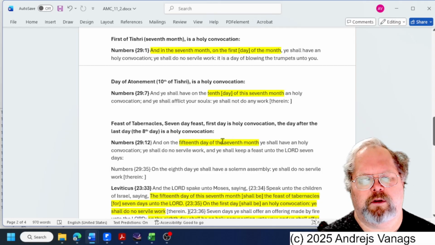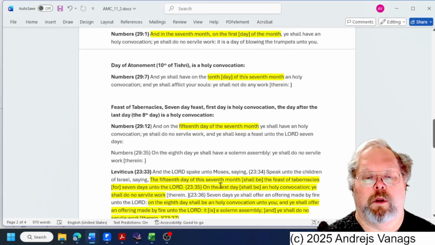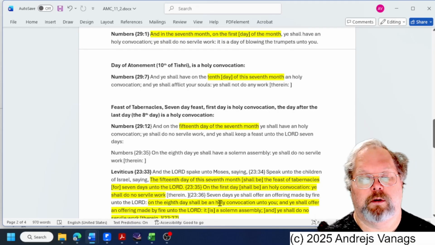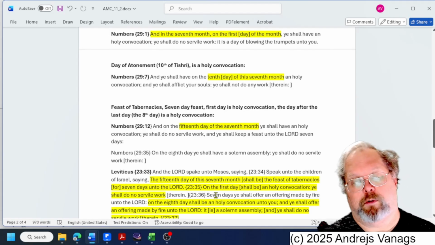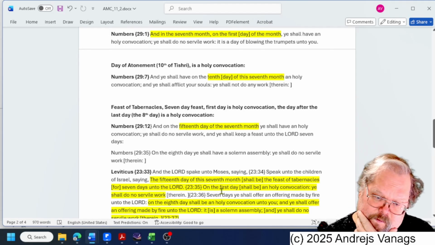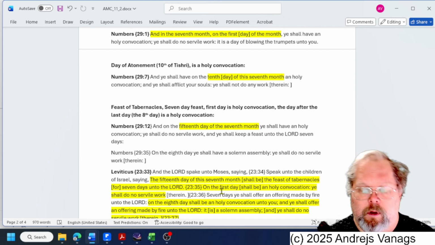So the 15th day of the 7th month. So that's right after Tishri. First day is a holy convocation, and the 8th day shall be a holy convocation. For 7 days you shall make an offering by fire unto the Lord. So that's the difference. The 7 days you're making a special sacrifice.